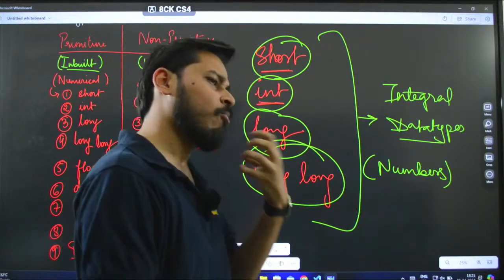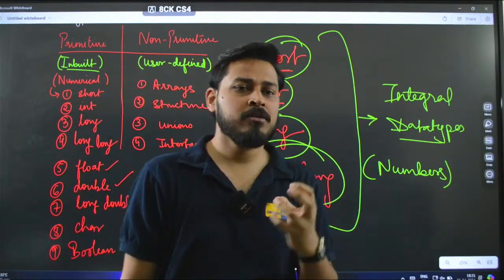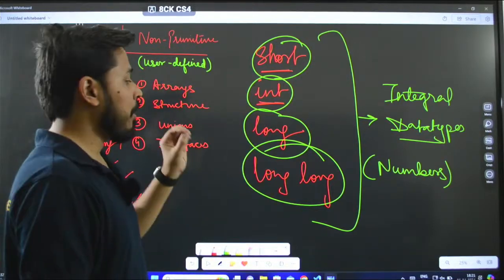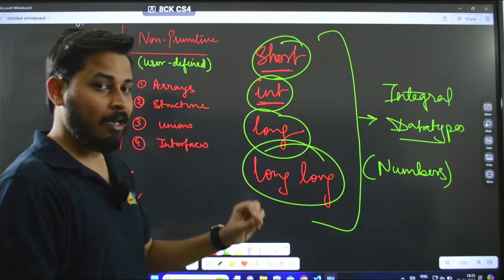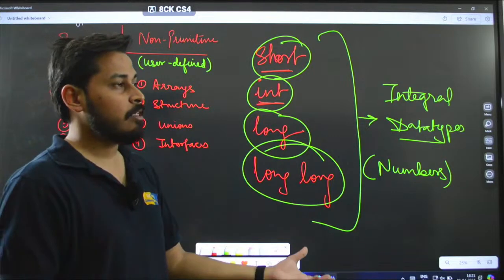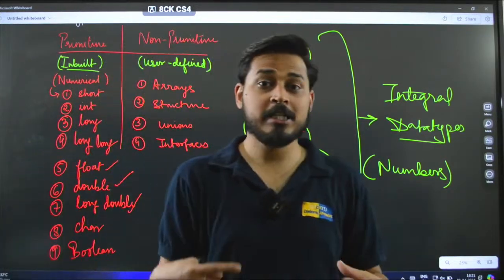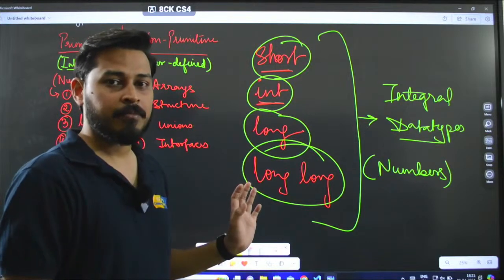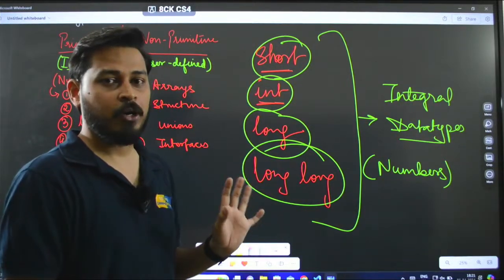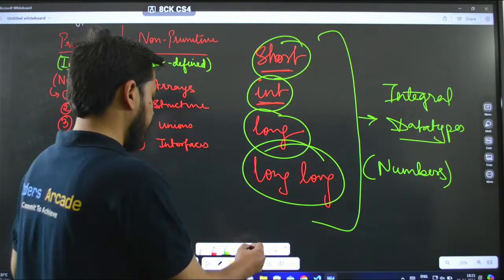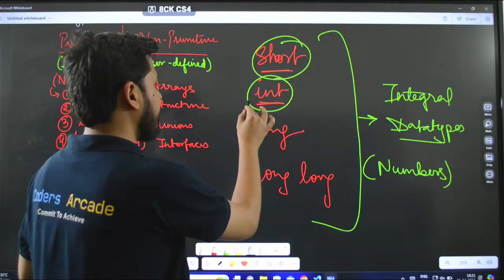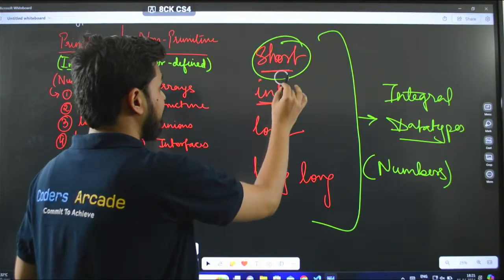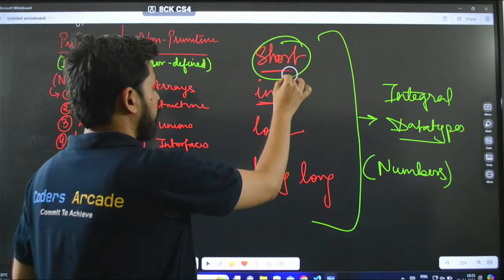If you want a moderately large number, you can go with integer. And if you are really working with a bigger number, for example an 8 digit, 9 digit, or maybe 10 digit number, you can go with the long data type. I believe it is understood by all of you. So this is the reason why we are using different sizes in terms of data types.